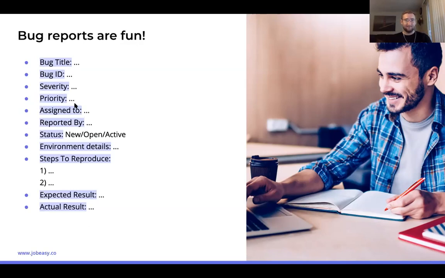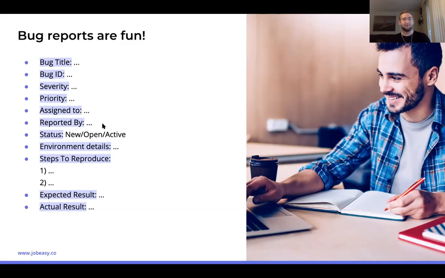Severity, priority, we assign as QA engineers the best way we feel, but sometimes it may be adjusted by developers, product managers, project managers or someone else, maybe your QA lead or manager. But we have the power of assigning those as well. Assign to is when we create a bug report, we assign it to the engineers.